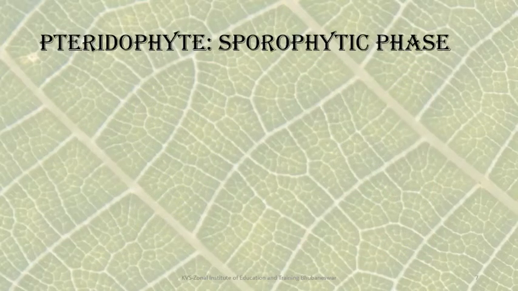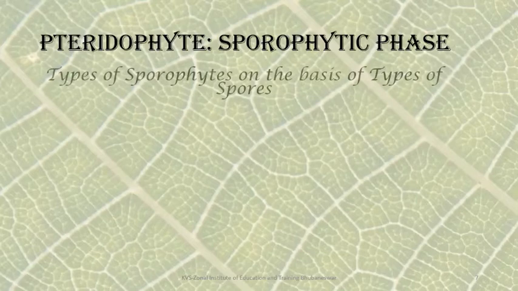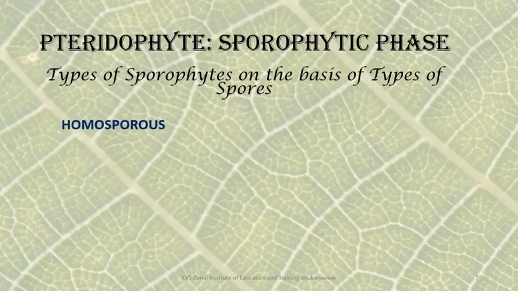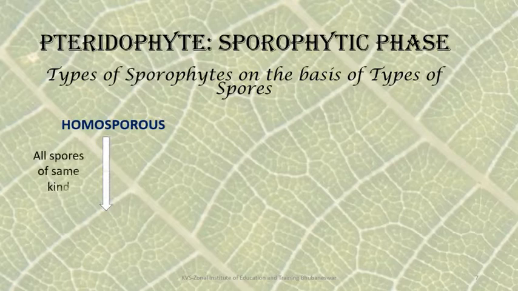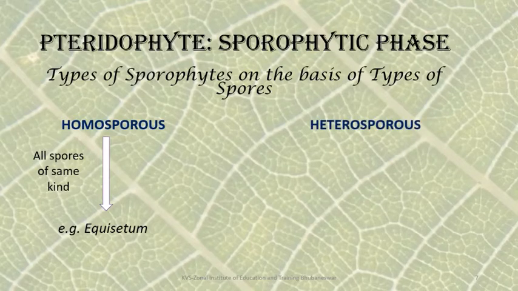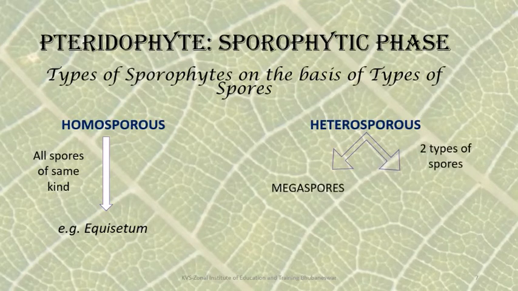Now, on the basis of what types of spores a plant produces, the type of sporophyte can be two, homosporous and heterosporous. Homosporous is when all the spores produced on a plant are of the same kind, as in Equisetum. Heterosporous is when two types of spores are produced, the megaspores and the microspores.